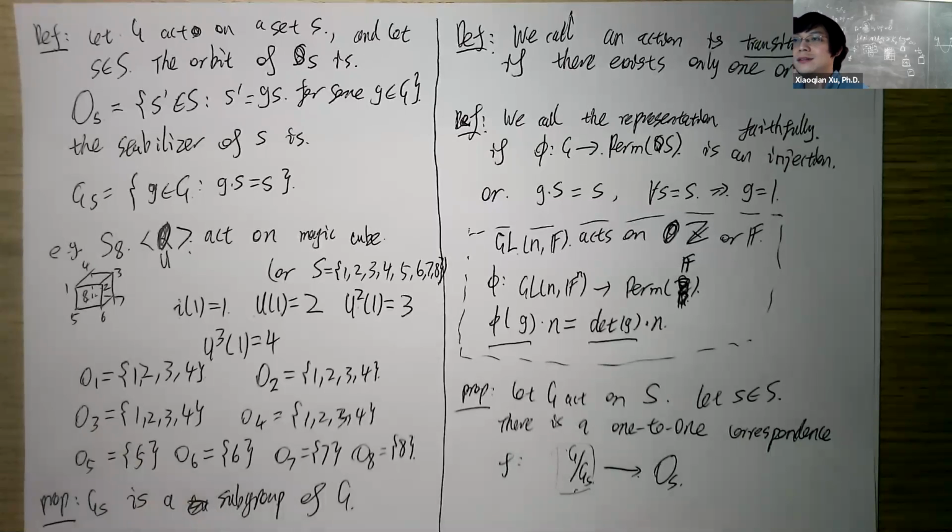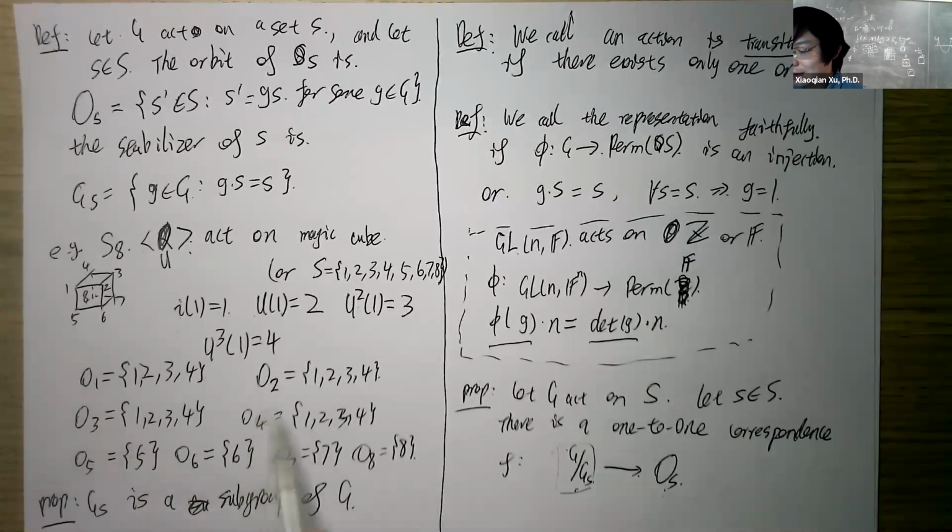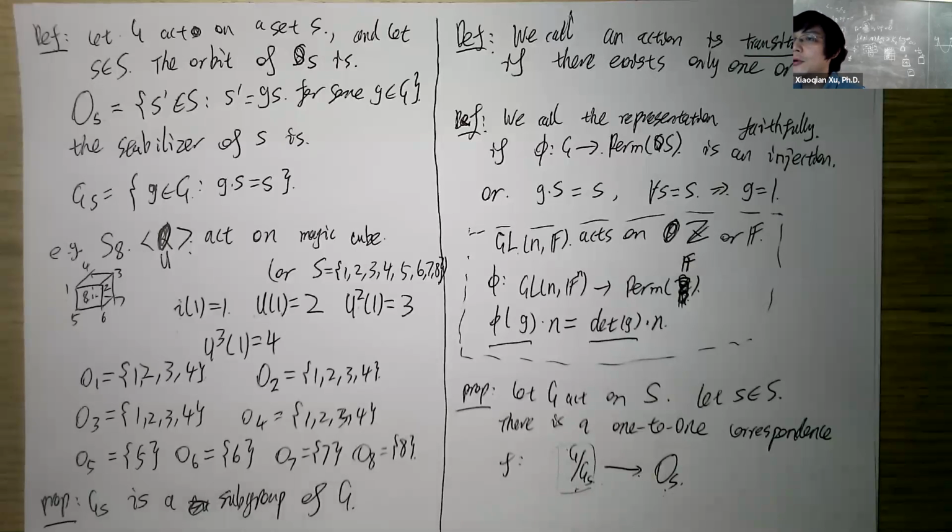Let me mention this again: the orbit of s is just a subset of S, and this is just the set of cosets of G_s, so there is no group structure on any of them, which is why we can only say there is a bijection between them. Nothing more than that.